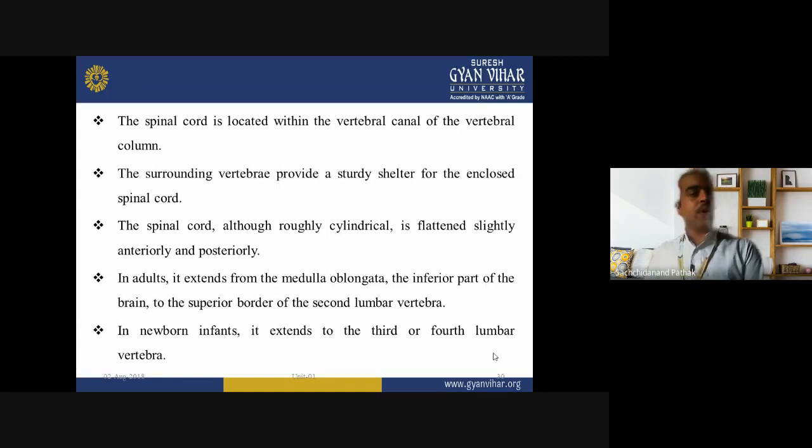In a newborn infant, it extends to the third or fourth lumbar vertebra.